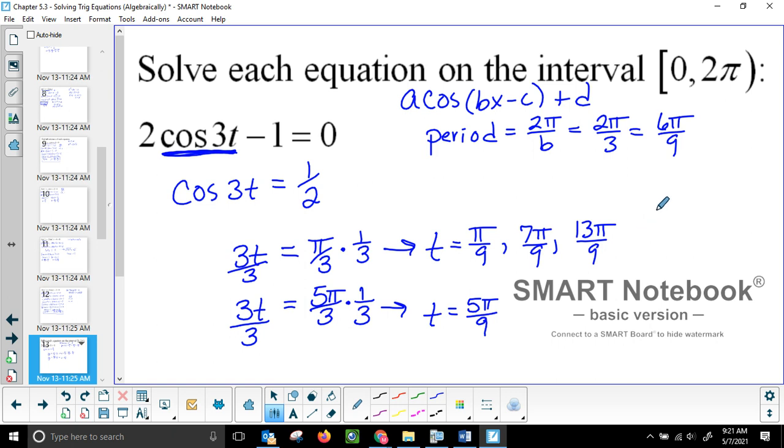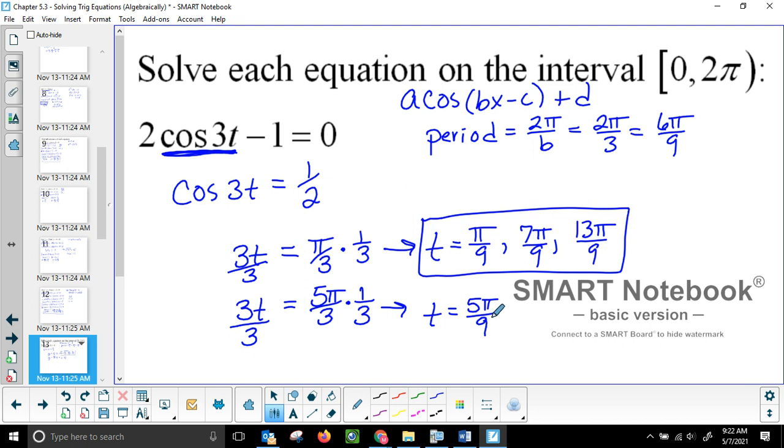Very good, Malcolm. Well, 18 over 9 is 2, so 19 over 9 is bigger than 2. So we're outside of that range. So this is it, we can't go any more with this set.